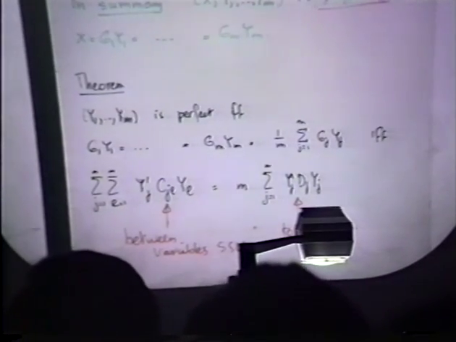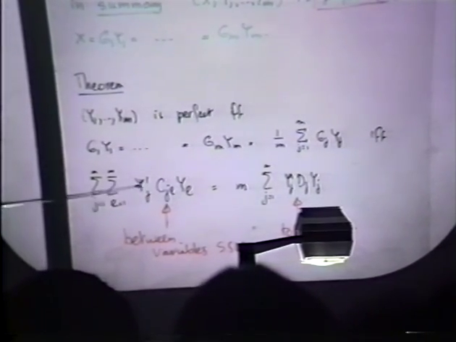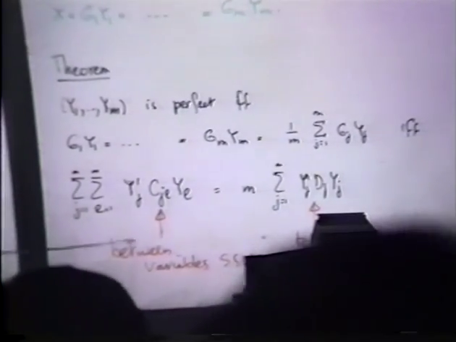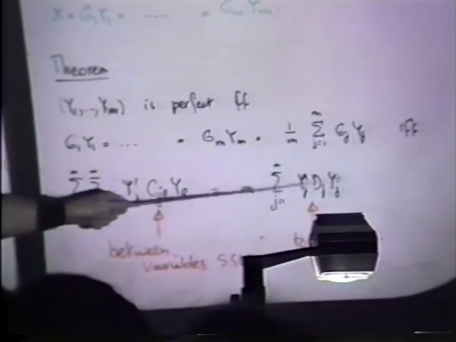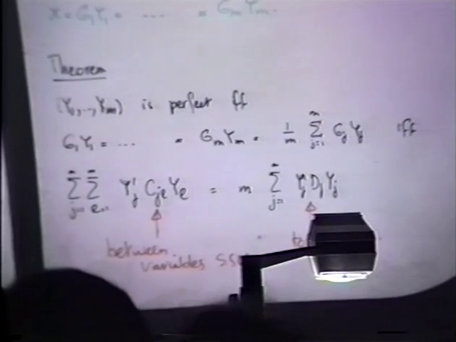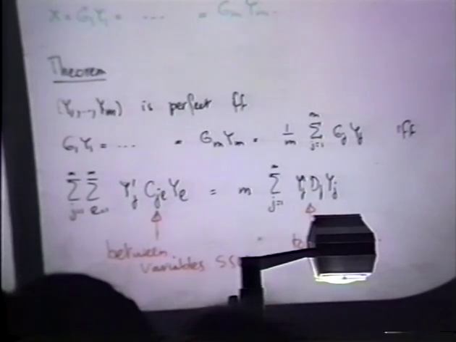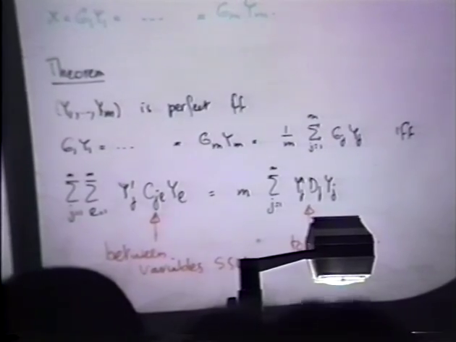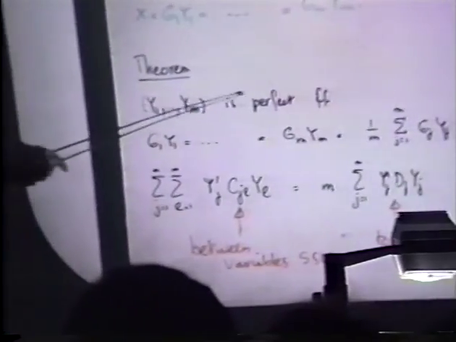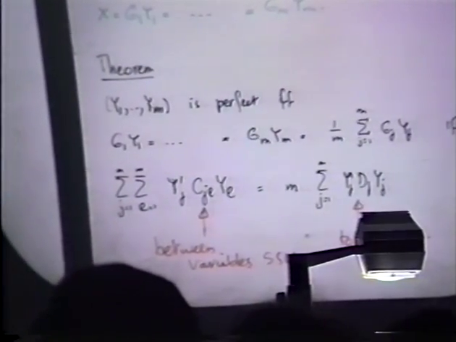Now this is perhaps not immediately obvious, but it's familiar from analysis of variance. This is the total sum of squares of the category quantifications, and this is the between variables sum of squares of the category quantifications. So again, I'm saying that this set of quantifications is perfect if and only if there's no within variable variance.